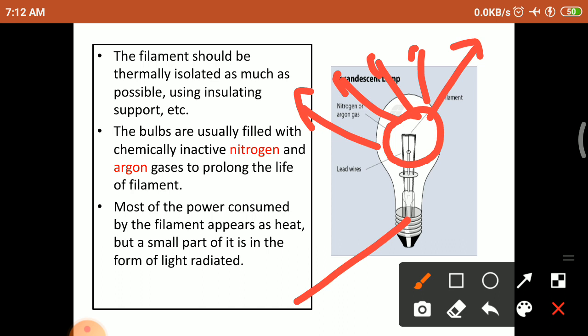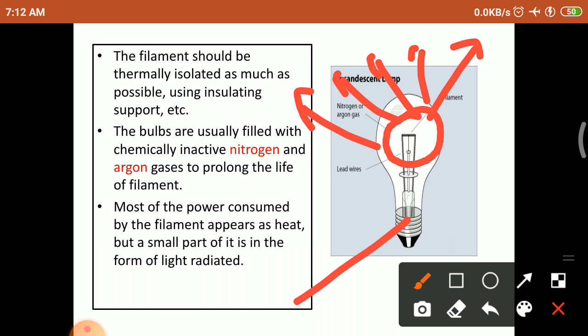Do you understand how the heating effect of electric current is used in the filament? The filament is made of tungsten. Why are we choosing tungsten? Because it has a high melting point, that is 3380 degrees Celsius. When the temperature reaches 3380 degrees Celsius, the filament of the electric bulb will melt, and it also has high flexibility.